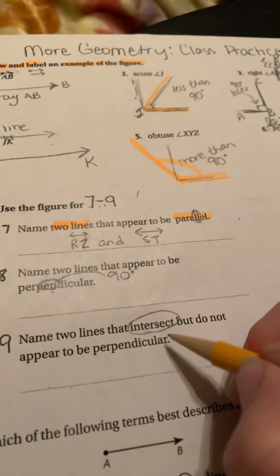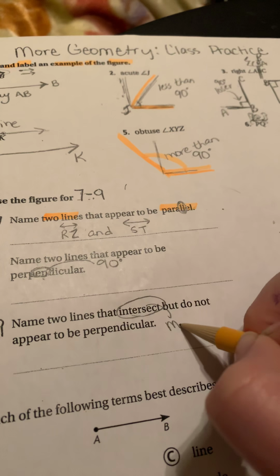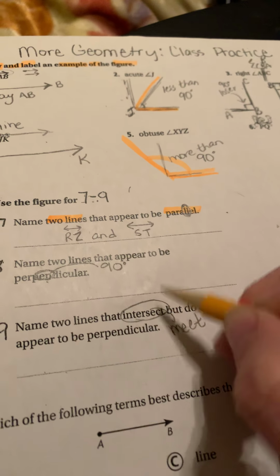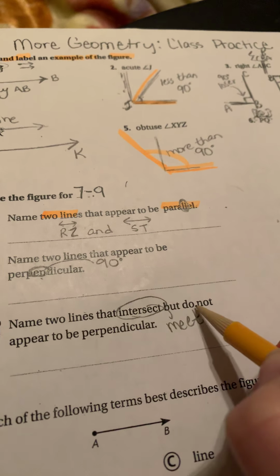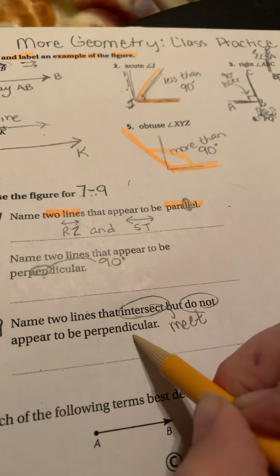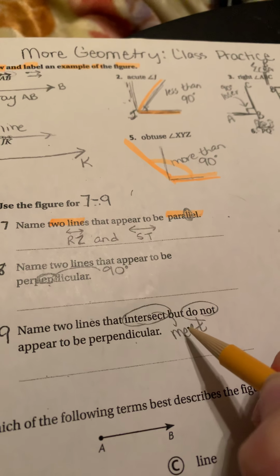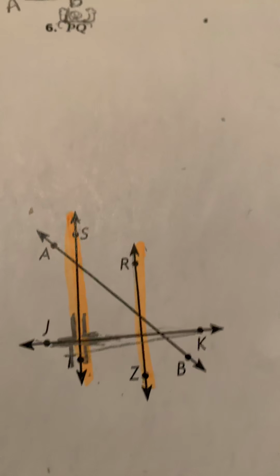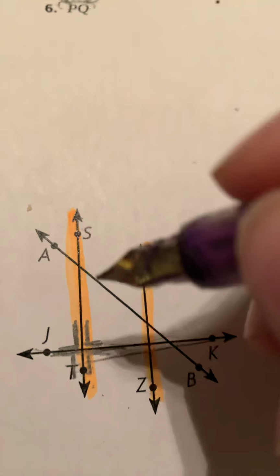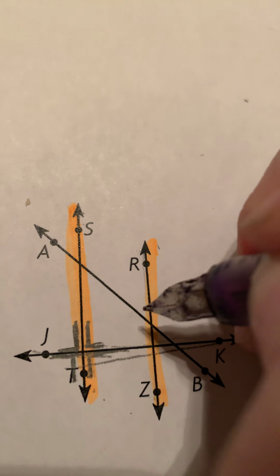Intersect. What does it mean if they intersect? And of course I would have the girls read this out loud or the boys. I'm going for time. Meet. So I need two lines that intersect but are not perpendicular. Intersect means they cross, but they're not crossing at right angles. That one song said they make a V, which you could use, though I would teach way more than that.